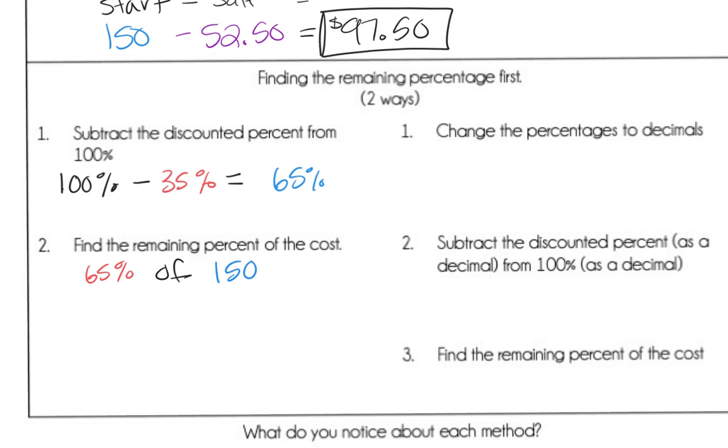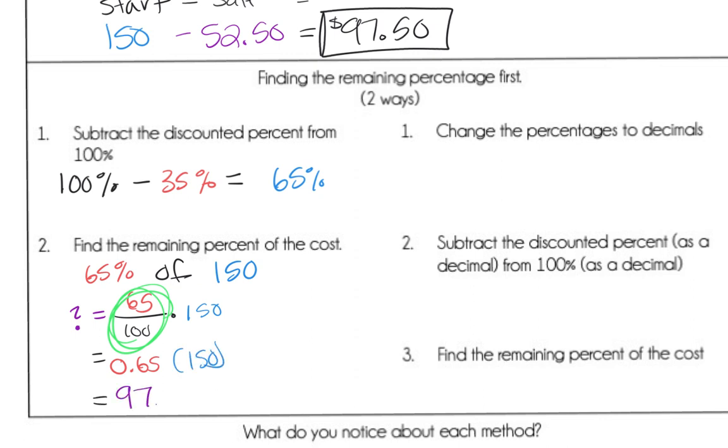So in this case, we're looking for the part, which we get from taking the percent, 65, over 100 times the whole of 150. I'm going to change this to a decimal, 0.65 times 150 is $97.50.